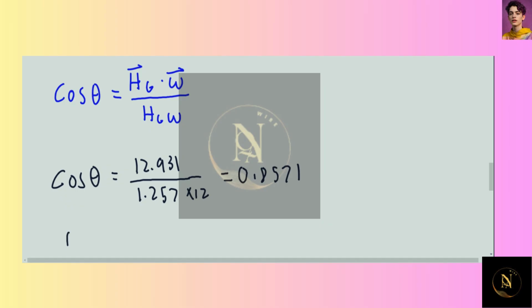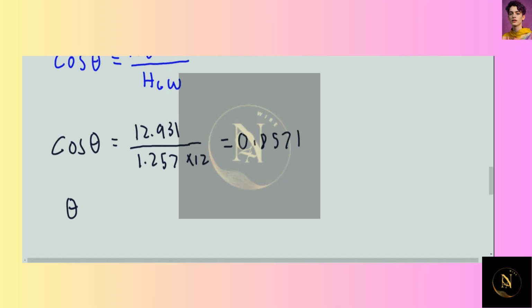And we now write that theta is equal to the cosine inverse of that value, and this will give us an angle equal to 30.99 degrees.